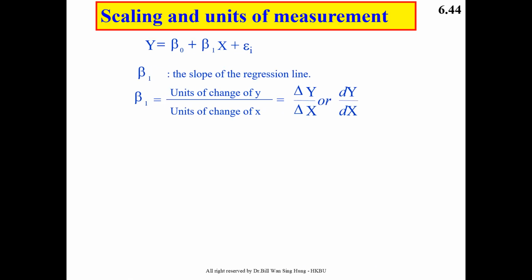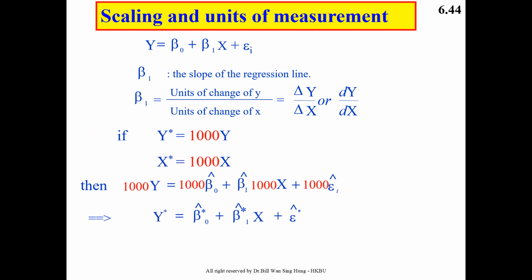Scaling and units of measurement. Let us suppose y is equal to beta naught plus beta 1 x plus epsilon i, where beta 1 is the slope of the regression line, and beta 1 is the unit of change in y divided by units of change in x. So ultimately this is equal to dy over dx. And if y star is equal to 1000 y and x star is equal to 1000 x, then 1000 times y is equal to 1000 times beta naught hat plus beta 1 hat times 1000 x plus 1000 epsilon i hat.